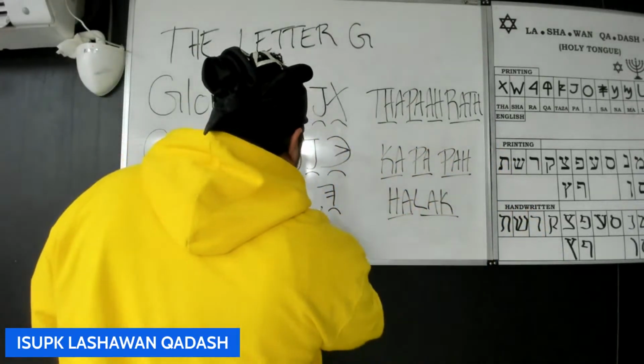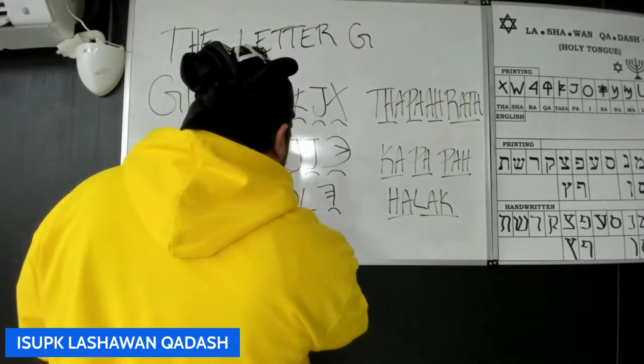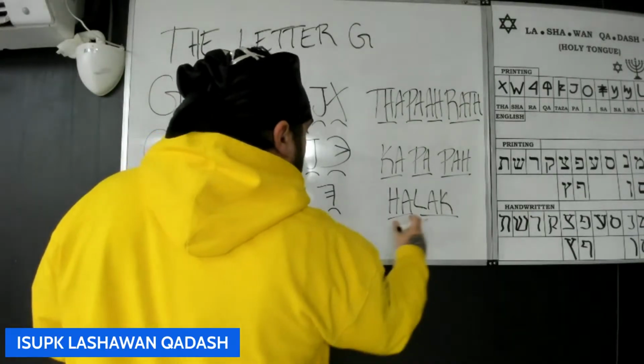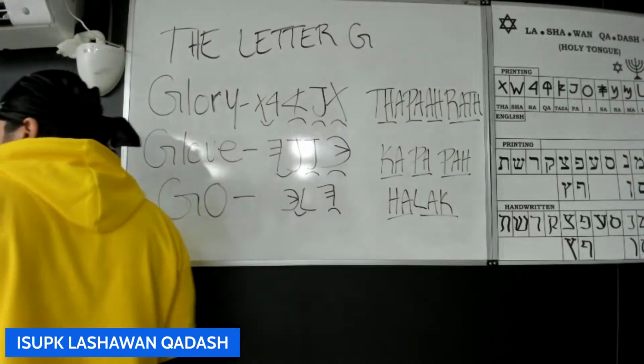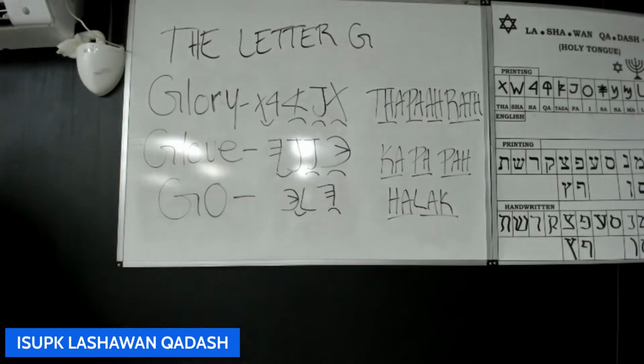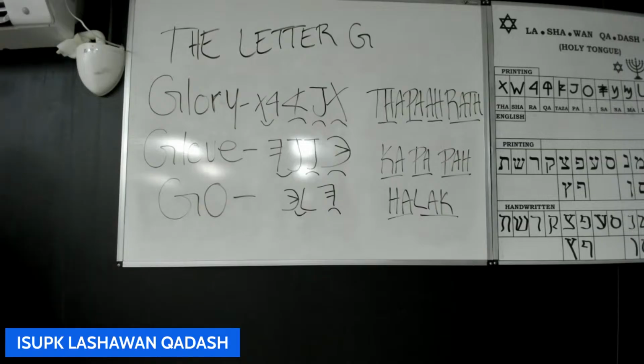Ha, la. With the connector to the ka, you knock the A off, you got halak. And that would mean go. I'll leave that up there for a little while so everybody can write it down.